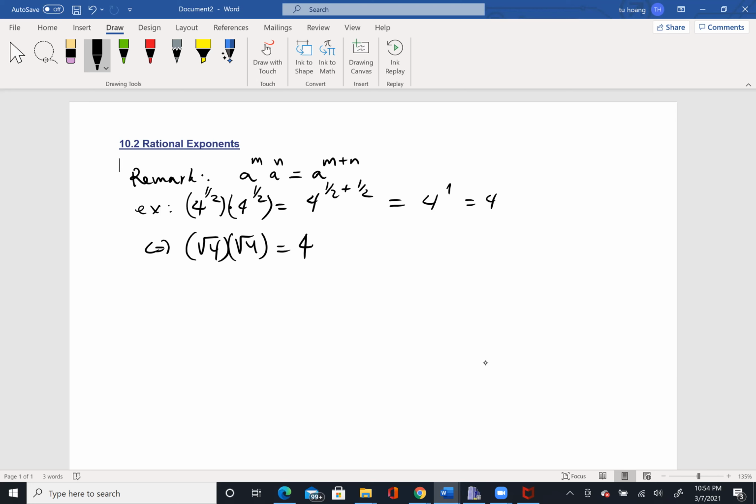So that means square root of 4 can be rewritten as 4 to the power 1/2, right?